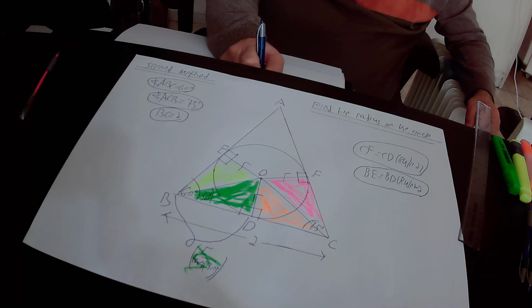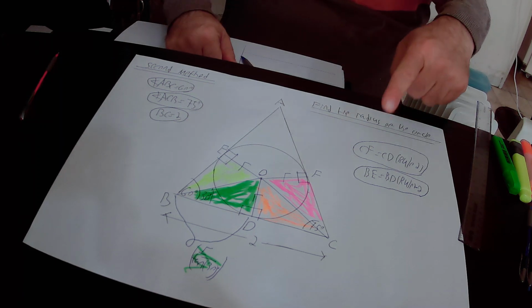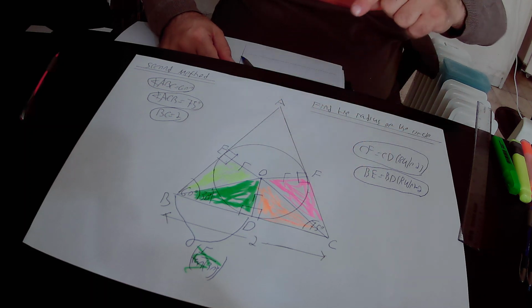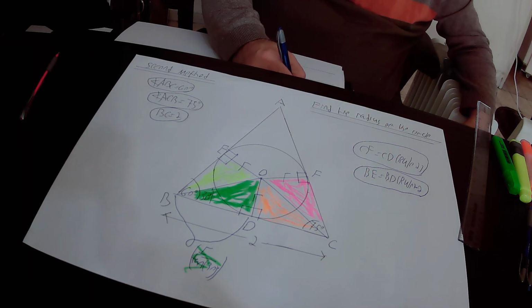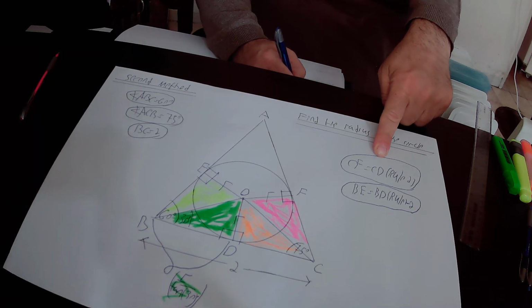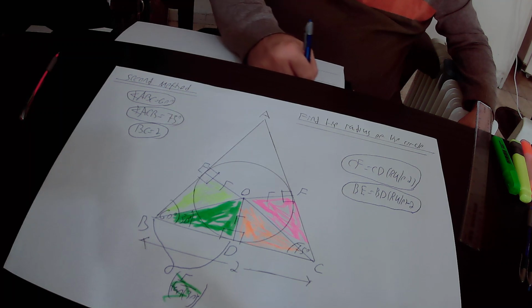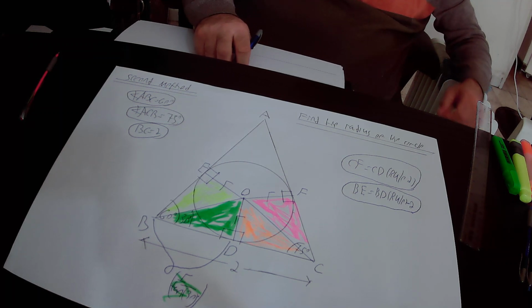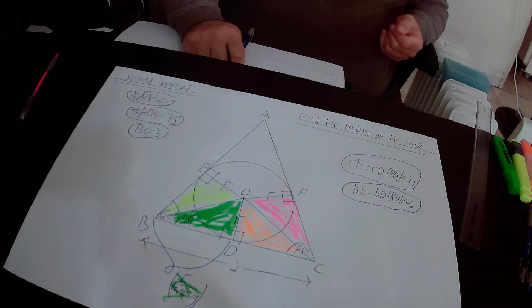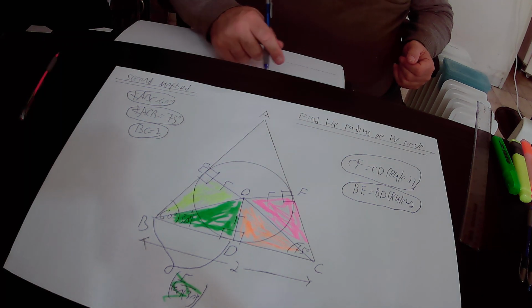They are both equal to R. In addition, CF equals CD according to rule number 2. And finally, CO is a common side that belongs to both triangles, so CO equals itself, it's a common side.